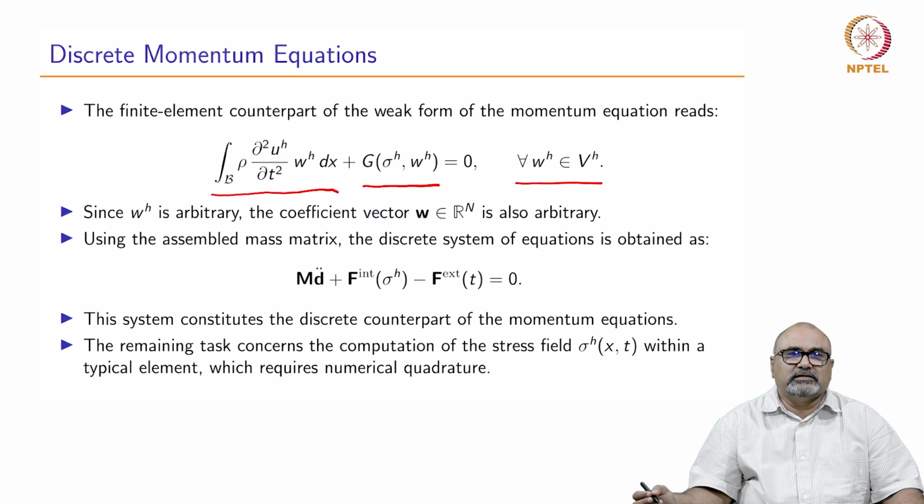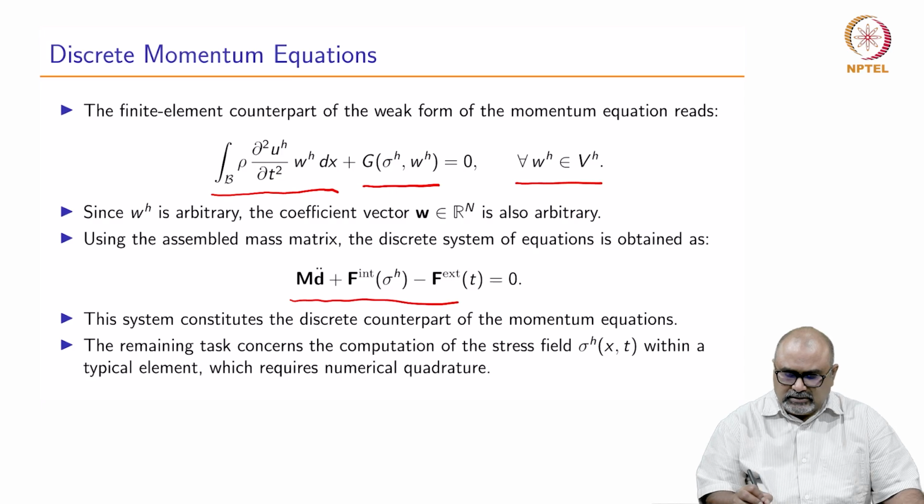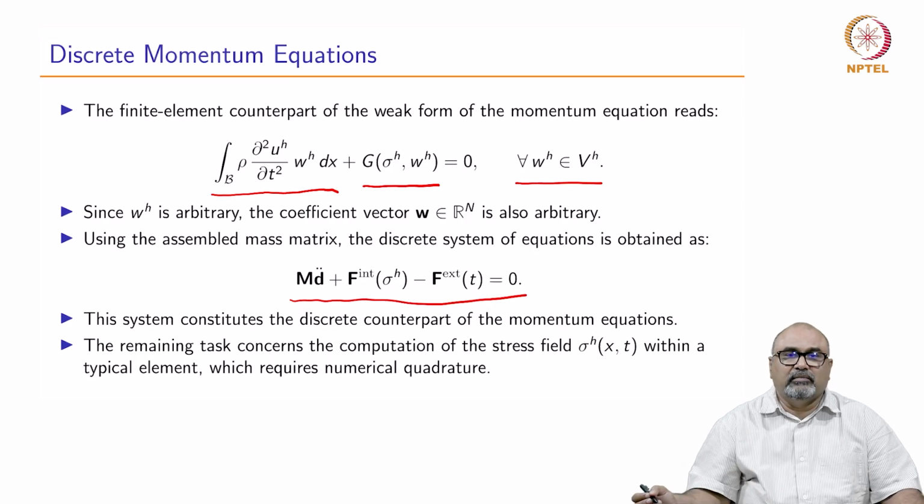Where w^h is arbitrary, the coefficient vector W is also arbitrary. Following the discretization and assembling the individual mass, internal force and external force, we can write the discrete set of equations as M d double dot plus F internal in terms of sigma^h minus F external of t must be equal to 0.